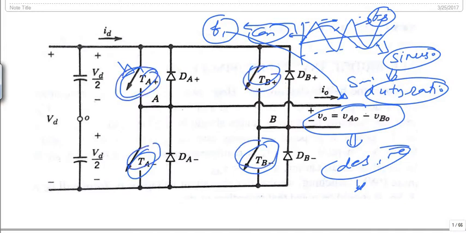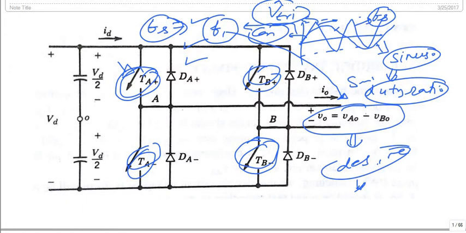So the inverter switching frequency is the same as the carrier frequency, and this carrier frequency we generally keep constant for a particular inverter, with its amplitude Vtri also constant. This frequency fs is called the triangular waveform frequency, switching frequency or carrier frequency.